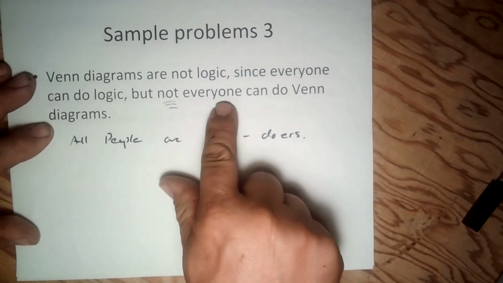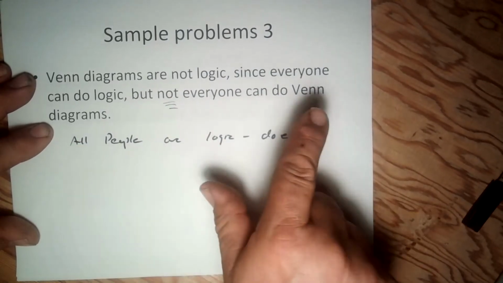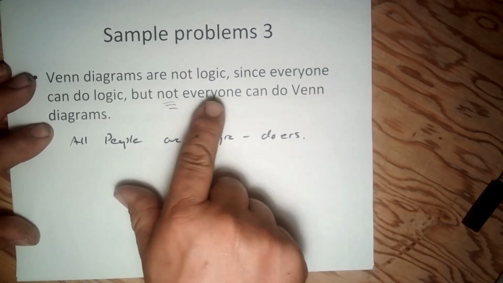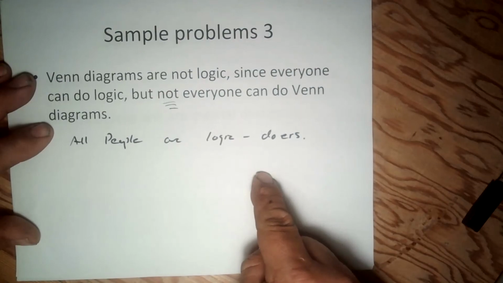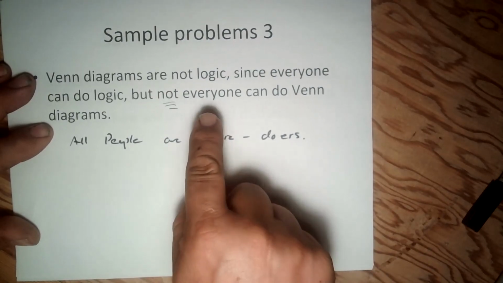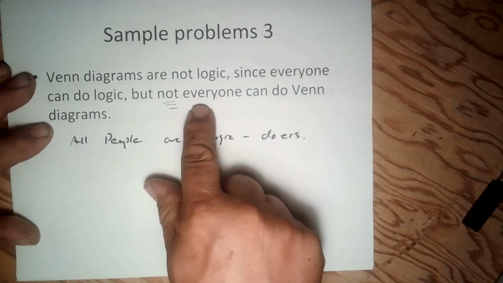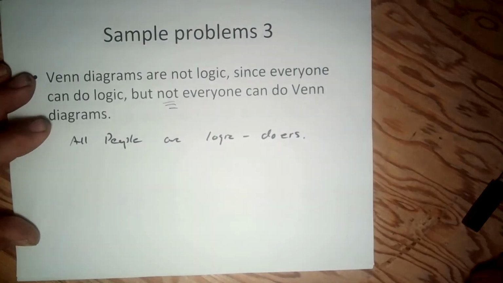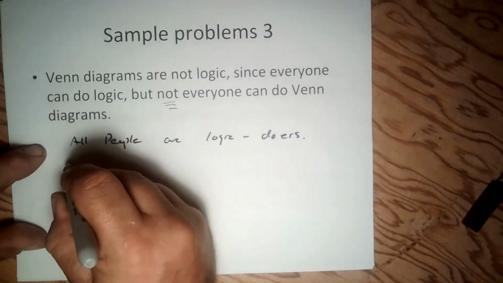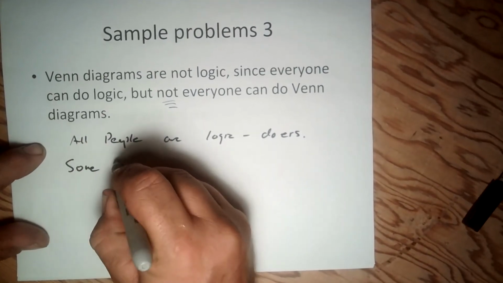That would be all people are Venn diagram doers, right? But now we put the not in front of it. We go across the diagonal to the contradiction, and it would be there is at least one person. Some people cannot do Venn diagrams.